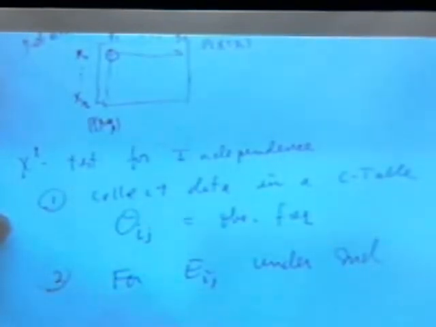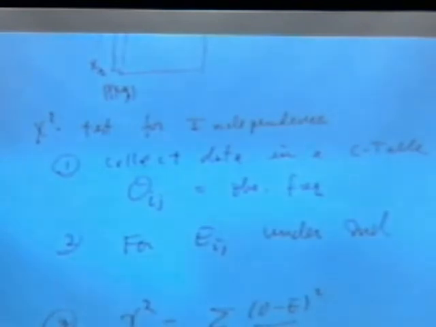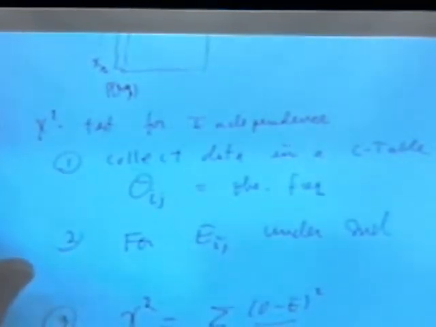And then the test was, what else? One of the oldest tests known to man: the sum of O minus E squared over E. And then reject independence. Well, I don't think we talked about this.